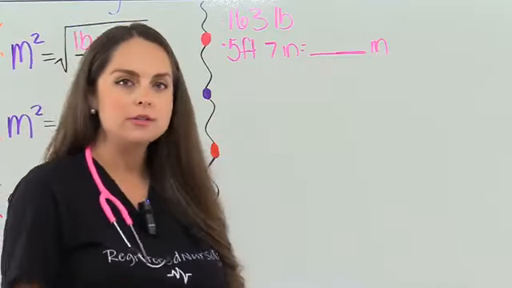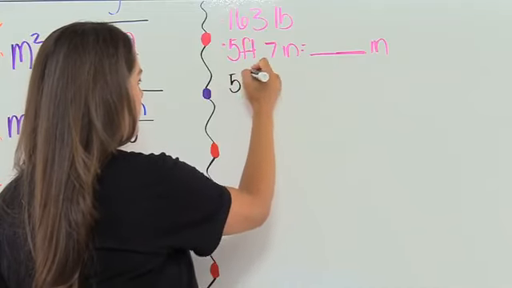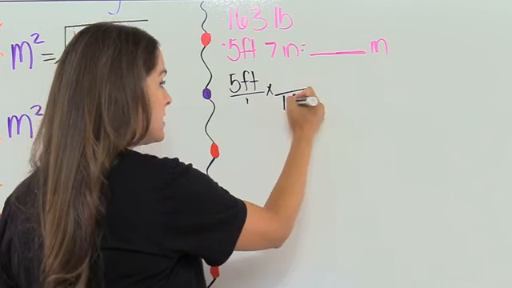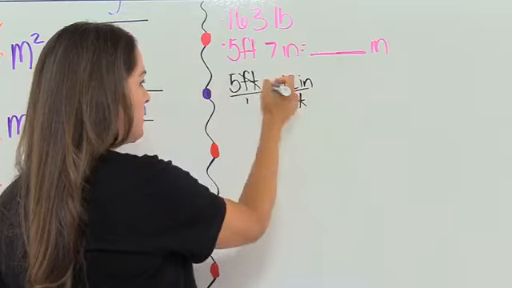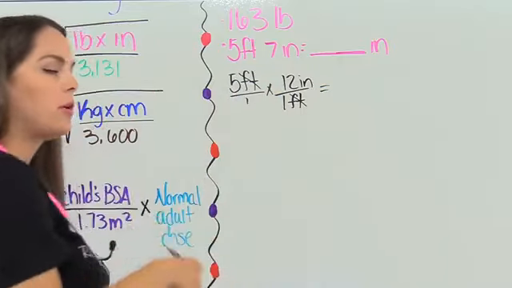So to help us do that, we're going to use a little bit of dimensional analysis. So the patient is 5 feet, and we know that in 1 foot, there's 12 inches. And this cancels out the feet, and we're going to multiply everything at the top and everything at the bottom and then divide.